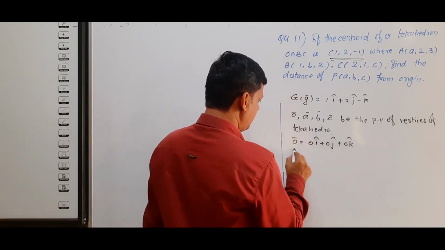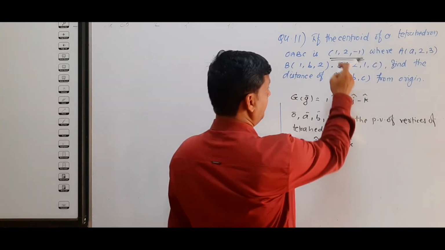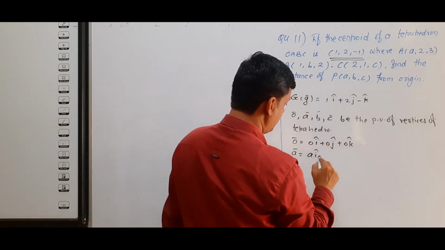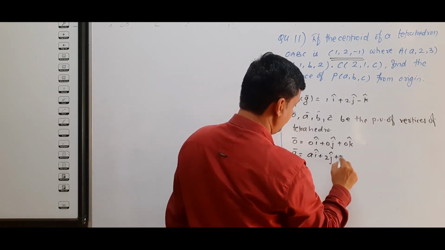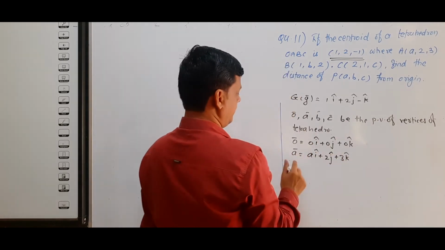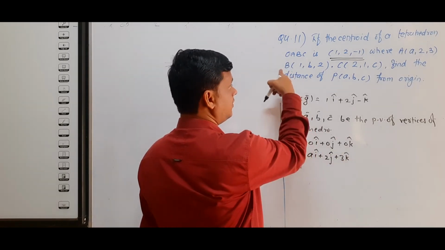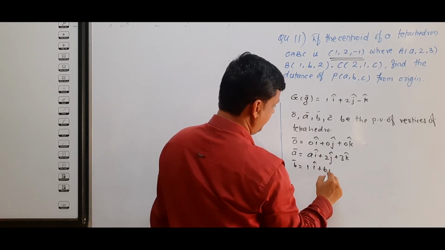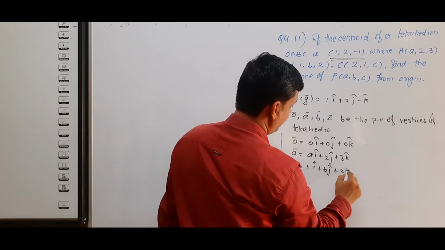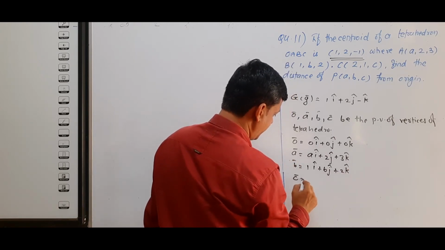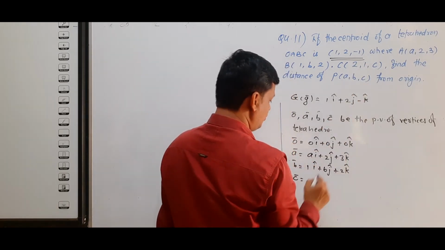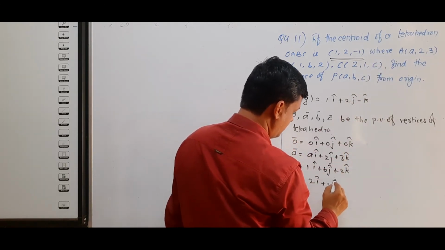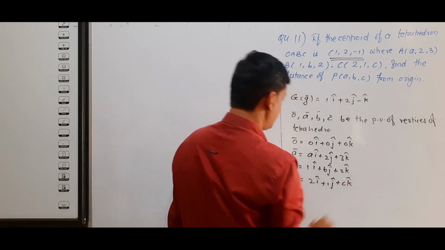We write the vector A from coordinate A: aI plus 2J plus 3K. Vector B from point B, that is 1I plus bJ plus 2K, and the position vector of point C as C bar equals 2I plus 1J plus cK.